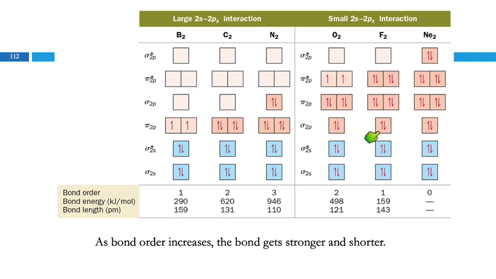So this one has more anti-bonding electrons compared to the number of bonding electrons than, say, this one over here does. And that's what the bond order is doing. It's actually calculating that.